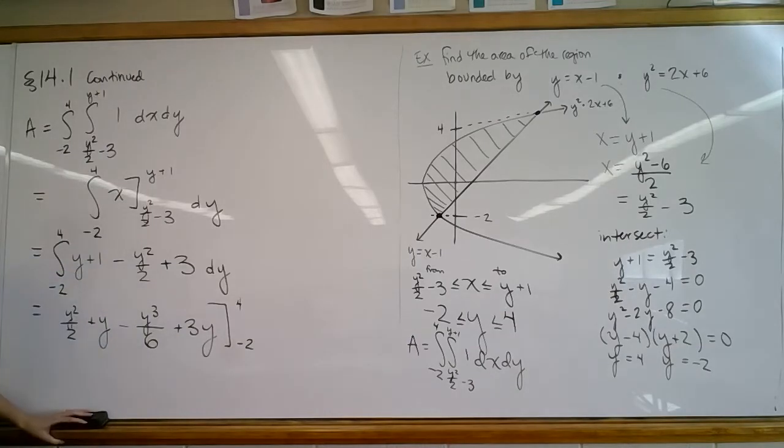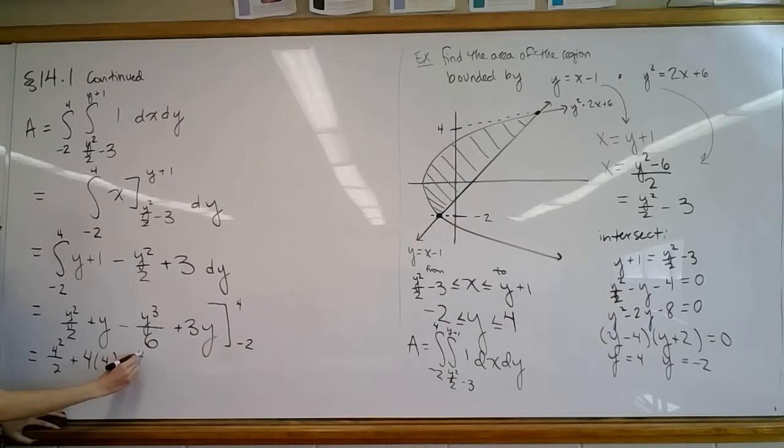And then we just need to plug in those bounds. So as we're taking a look at this, plugging in 4, we'll get 4 squared all over 2. We'll have plus, I'll combine them now, y and 3y is 4y, so we've got 4 times 4.